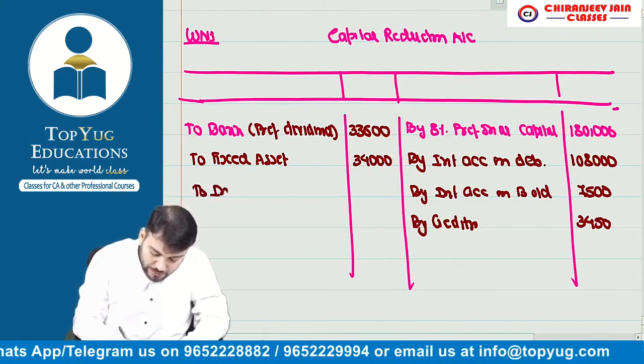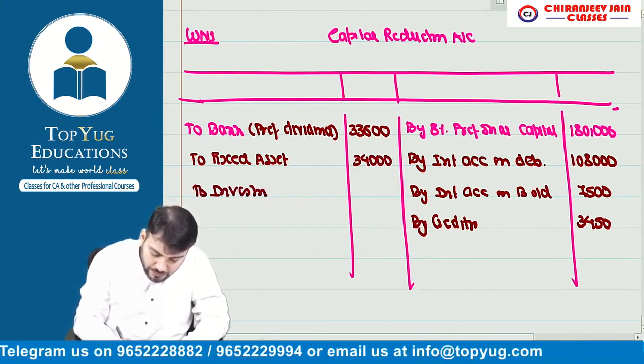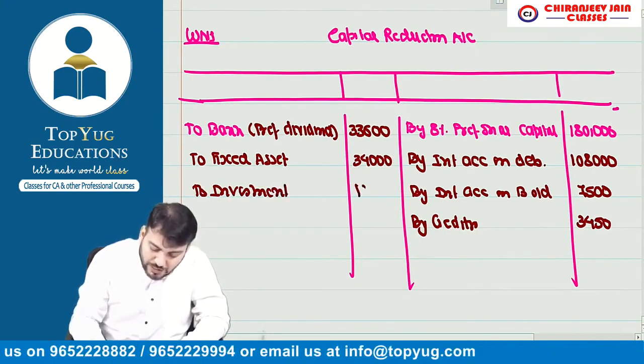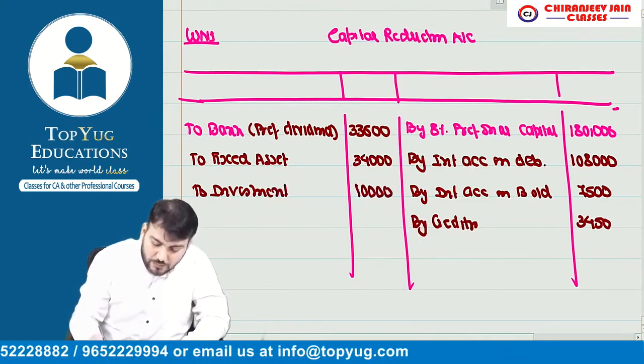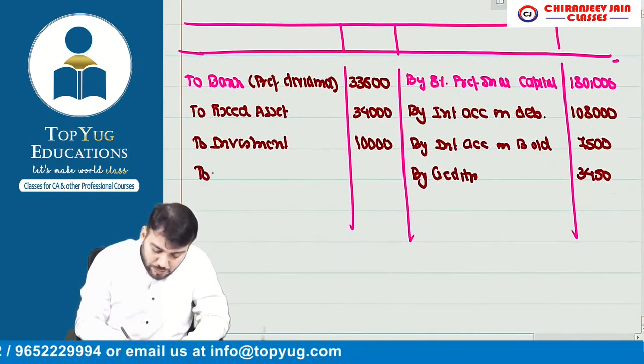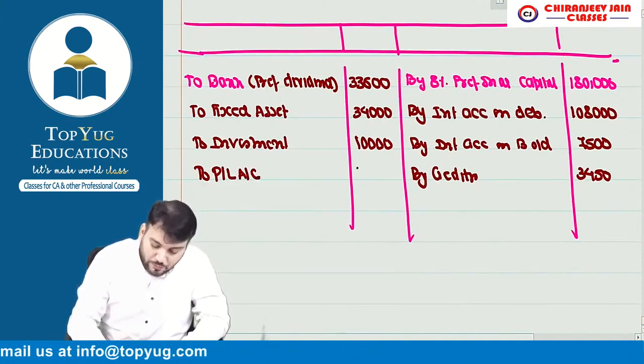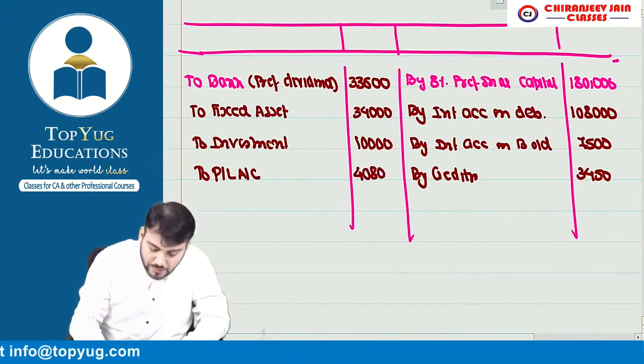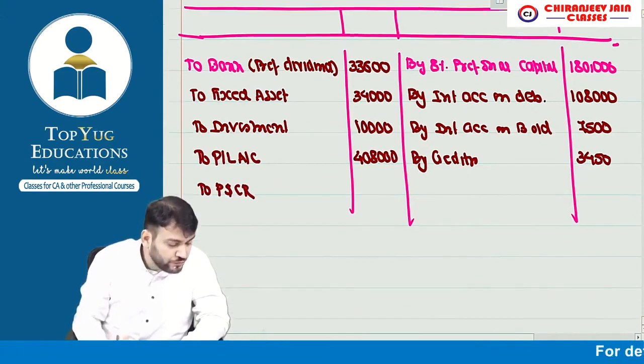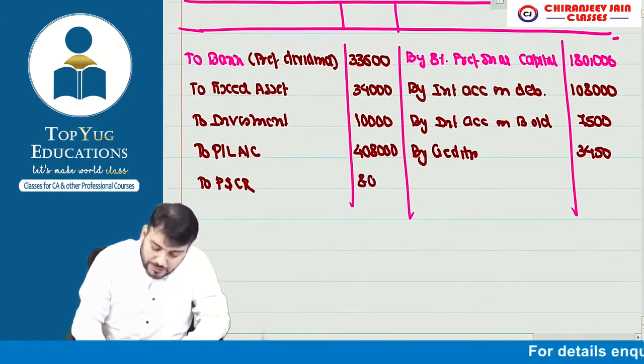Then to investment, how much? 10,000. Then to P&L account, 4,08,000. Then patent and copyright, how much? It is 80,000.